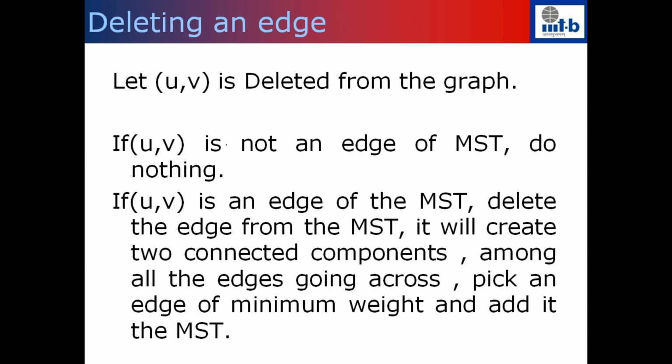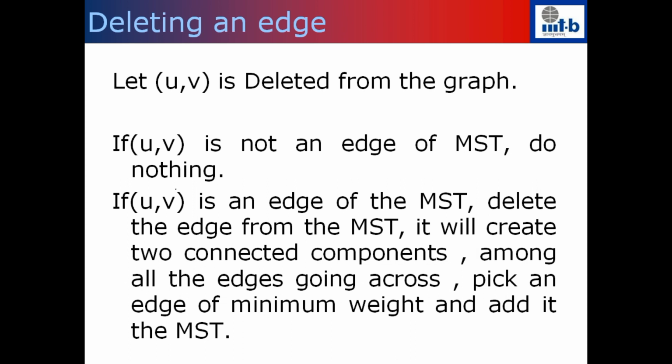But if the edge that I have deleted is part of the MST, then you delete this edge from the MST, and when you delete one edge from the MST, what will be created is two connected components. Now what you have to do is, among all the edges going across these two connected components, pick an edge of minimum weight and add this to the MST. So it's easy to see the implementation of it.